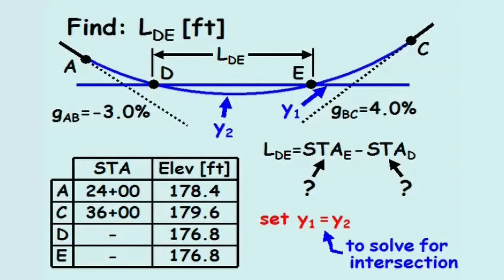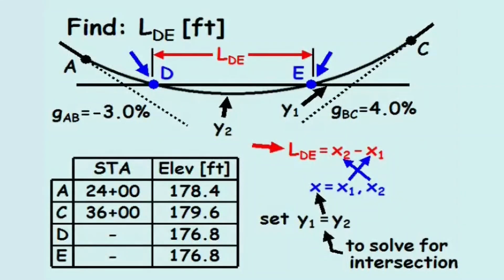If the line and curve intersect at two locations, D and E, as shown in the figure, then the length between points D and E can be rewritten as x2 minus x1, where x1 and x2 are the roots of the quadratic equation 0 equals y2 minus y1, where x2 is greater than x1.